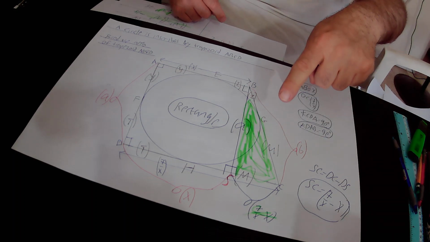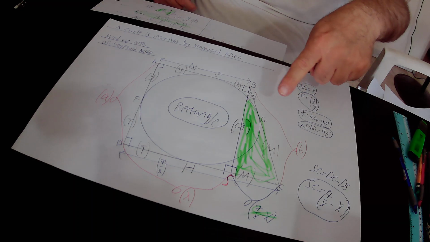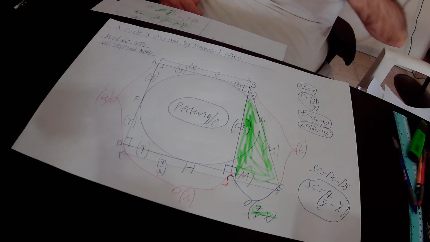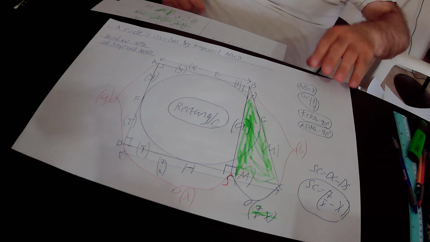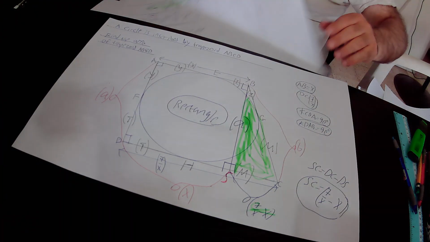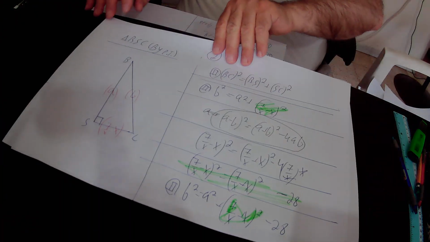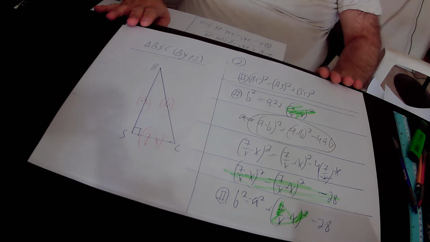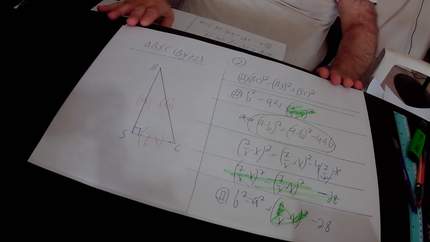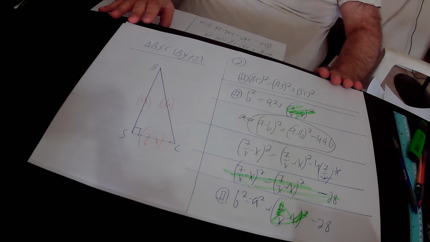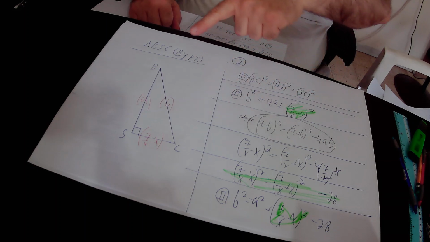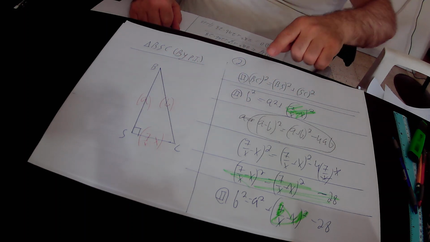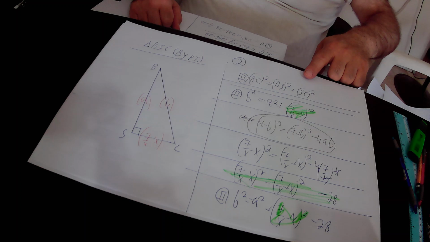In the next step I copied this right green triangle BSC onto a new page and applied the Pythagoras theorem to it. This is the right green triangle BSC that I copied from the original diagram. According to the Pythagoras theorem, BC square equals BS square plus SC square.